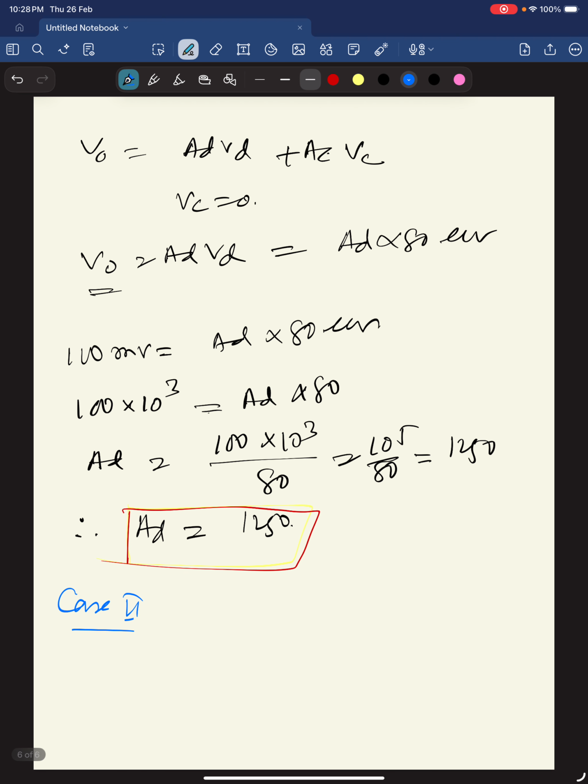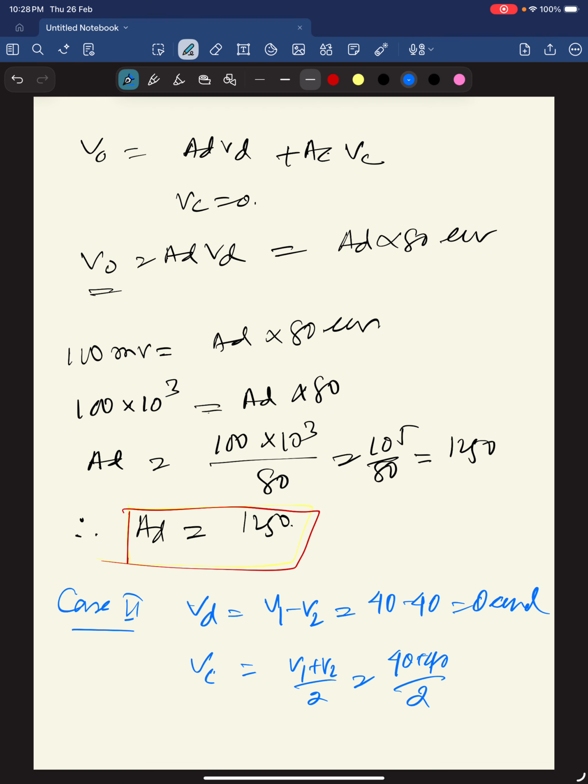So in case 2, VD is the difference voltage V1 minus V2, 40 minus 40, that is 0. And Vc is equal to V1 plus V2 by 2, so 40 plus 40 by 2, 80 by 2, is equal to 40 microvolt.